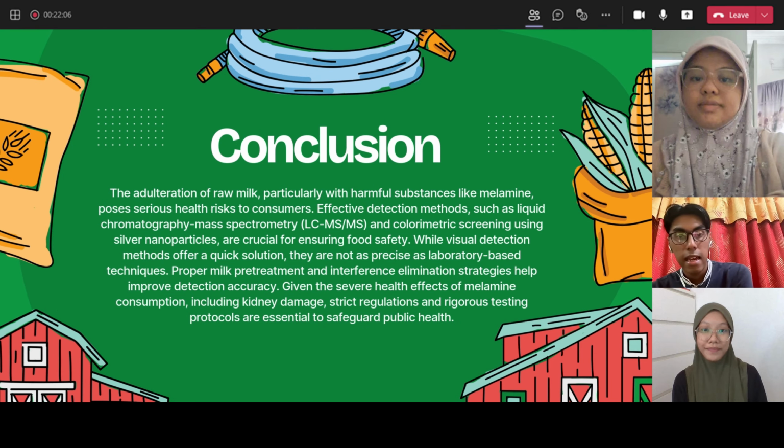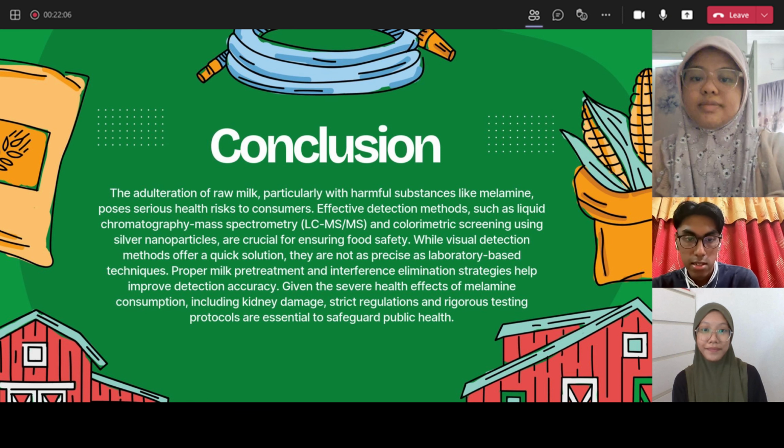And lastly, as a conclusion, the adulteration of raw milk, particularly with harmful substances like melamine, poses serious health risks to consumers. Effective detection methods such as liquid chromatography mass spectrometry and colorimetric screening using silver nanoparticles are crucial for ensuring food safety.